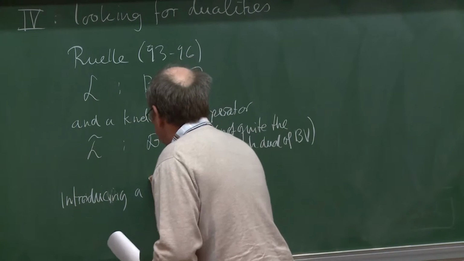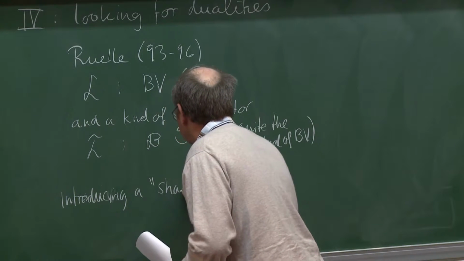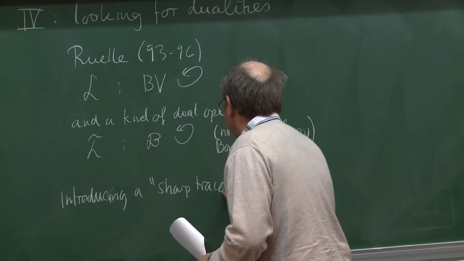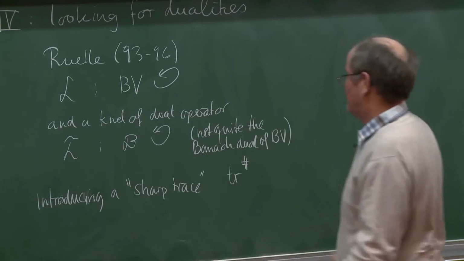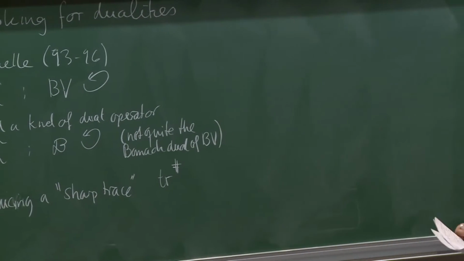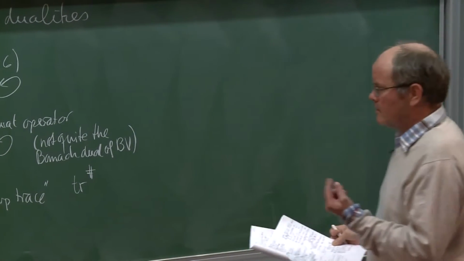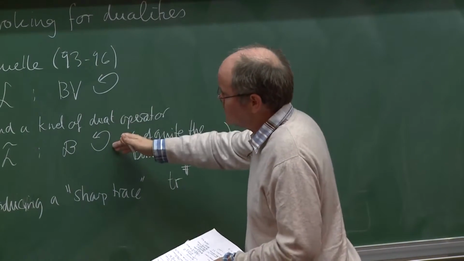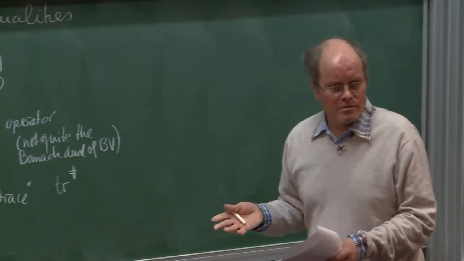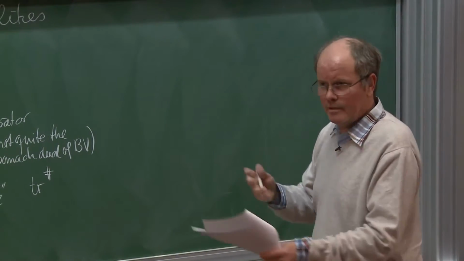Sharp trace, written like this. You could actually show that eigenvalues of this operator and eigenvalues of this operator, which are outside a certain essential spectral radius, would be coinciding.